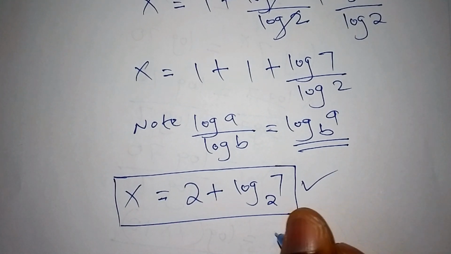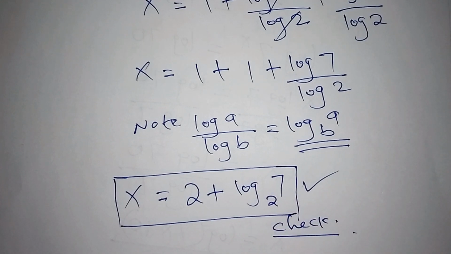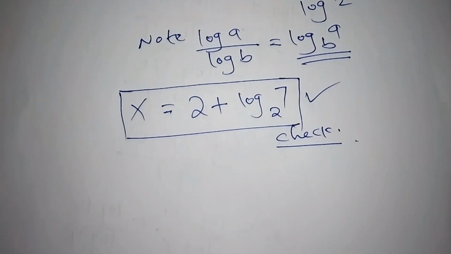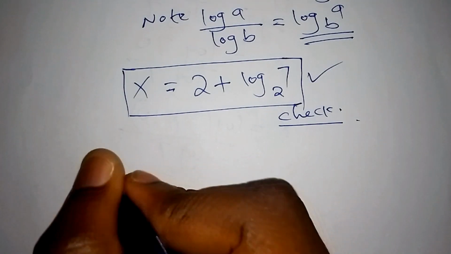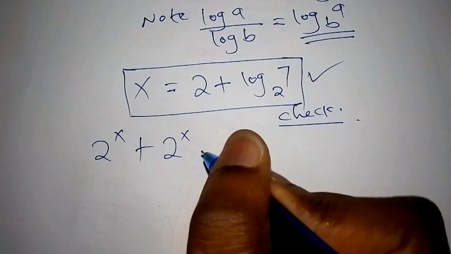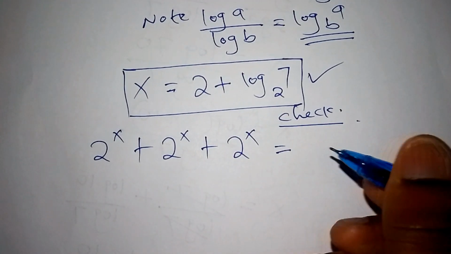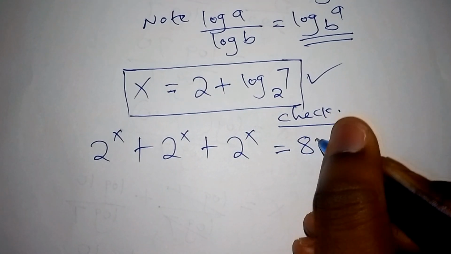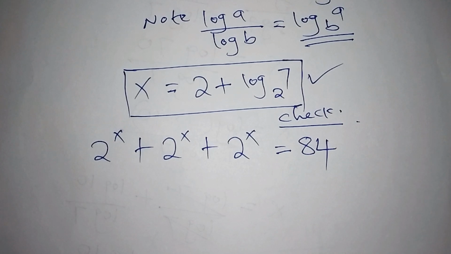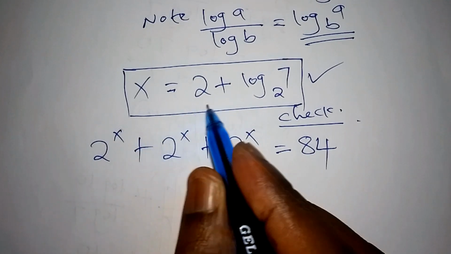So let's now check if indeed it is the true value of x. So this one is what we had. We had 2 to the power of x plus 2 to the power of x plus 2 to the power of x, and our answer was 84. So from there, now 2 to the power of x, we shall write this value.